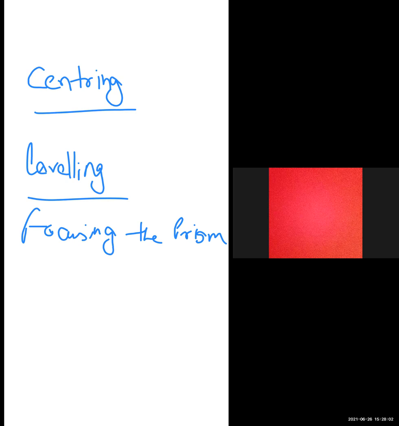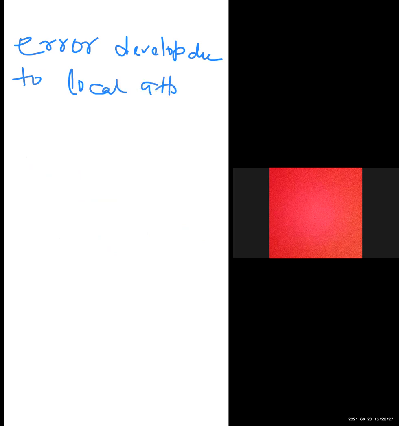Next, the error coming in compass survey is due to local attraction. So what is local attraction?